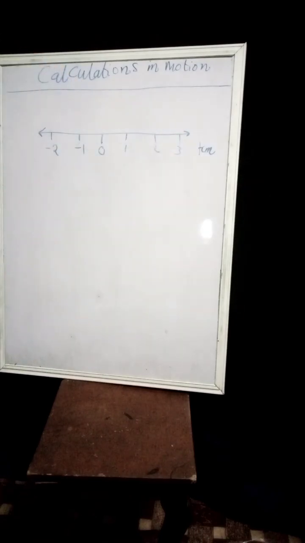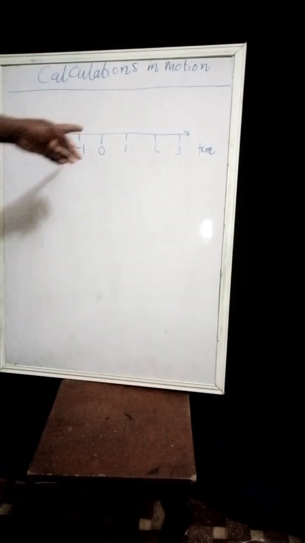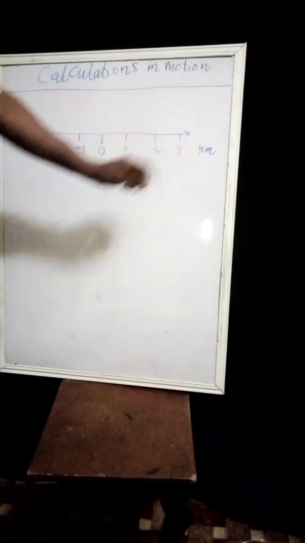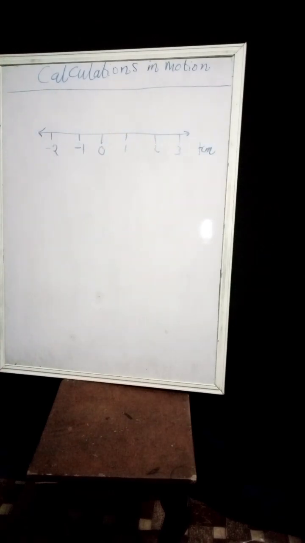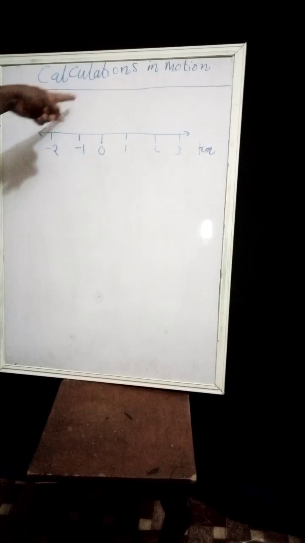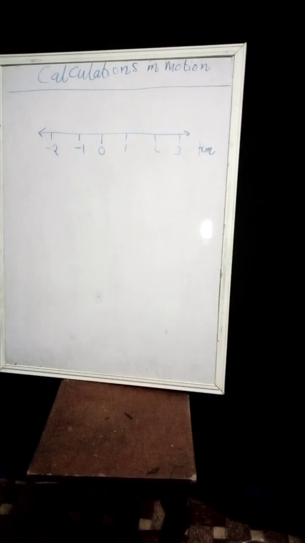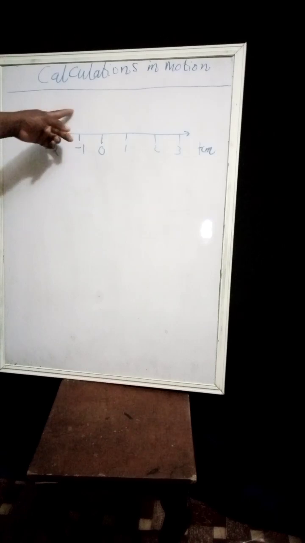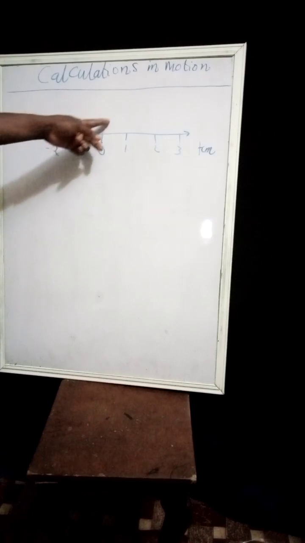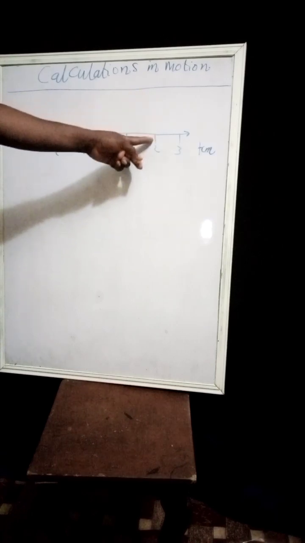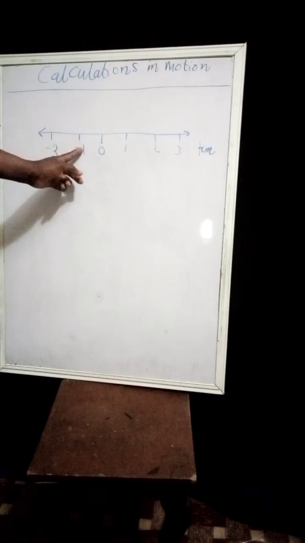It means that the distance covered by this object is simply what? 3 kilometers. Then if the object moved from the point of negative 2 to the point of positive 2, it means that the object has covered the distance of 4 kilometers. How did we know? It moved 1, 2, 3, 4, because each is a unit.